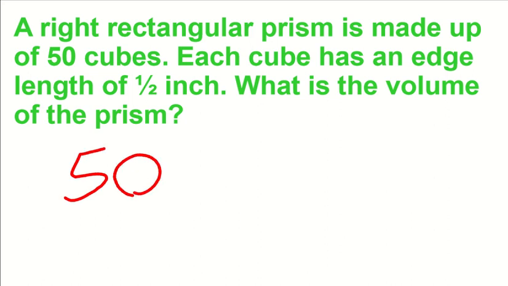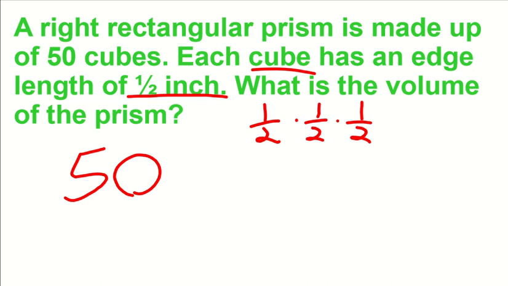Now where it gets a little tricky again, if it gives you the cube's edge length, we got to do 1/2 times 1/2 times 1/2. So we're going to be multiplying by 1/8. What was it? 1/4. Everybody see the difference there?